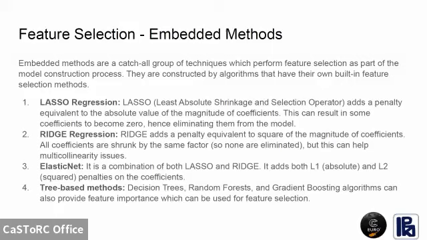It uses L1, which is the absolute value, and L2, which is the squared value, in order to penalize the coefficient. And also you have other methods that, unfortunately, due to time restriction we cannot discuss, like decision trees, random forest, and things like that. They can help you select the most appropriate features.